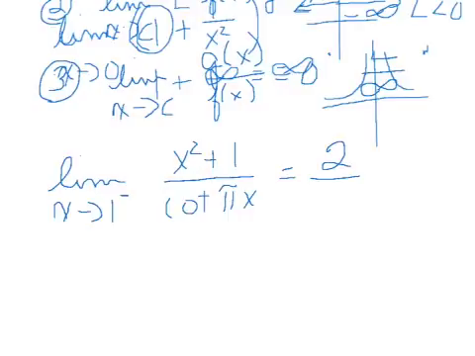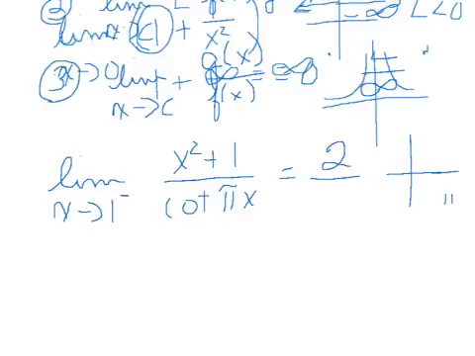Now if we plug in a 1 here, the cotangent of pi, that's where we would have a vertical asymptote. So at x equals 1, we have an asymptote. Now from the left, cotangent looks like this, remember.